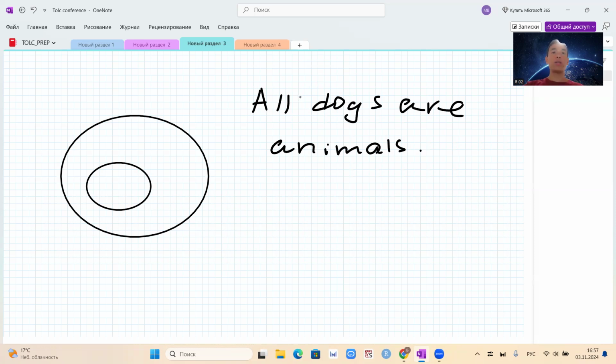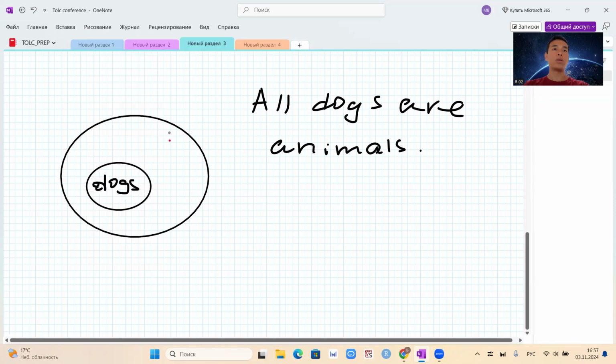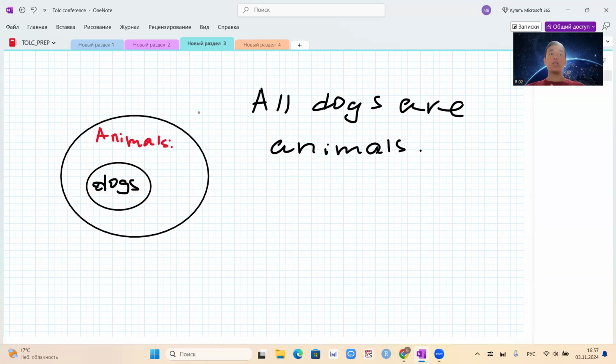In our case, the smaller set, the smaller group, will be dogs, and the bigger one, let me write it with another color, animals. So syllogism is basically the relation of sets: one set completely inside another set, or one set outside another set.